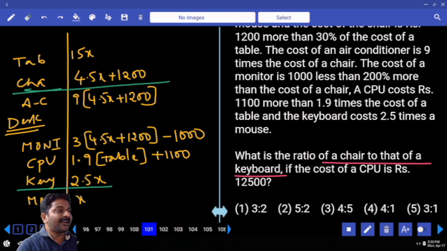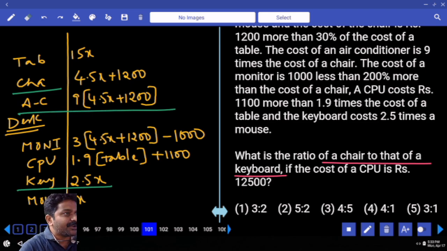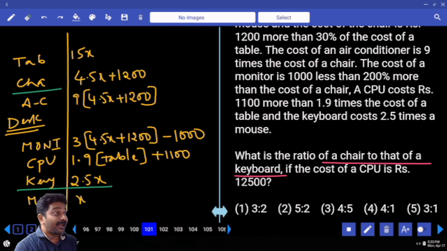Both are not related, right? We definitely need the X value. In this same question, the ratio of chair to AC we could say directly as 1:9, because 4.5X plus 1200 cancels out. The X value is not required. But the question is chair to keyboard, so the X value is required. Then only we can answer the question.